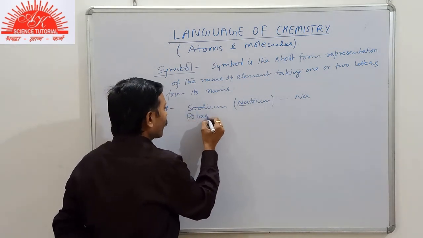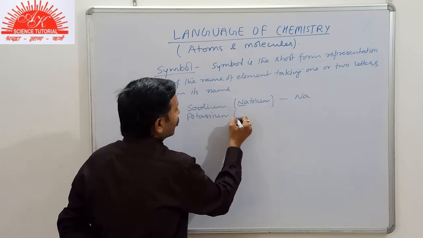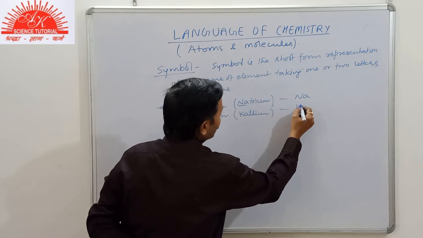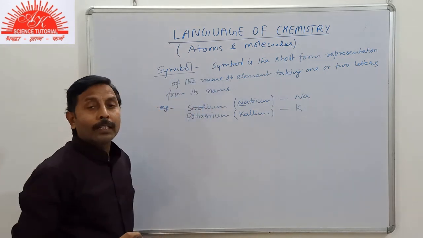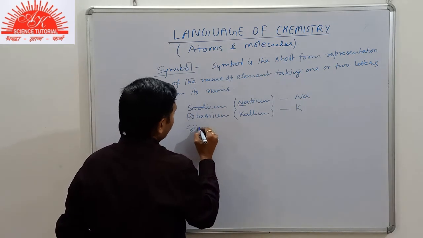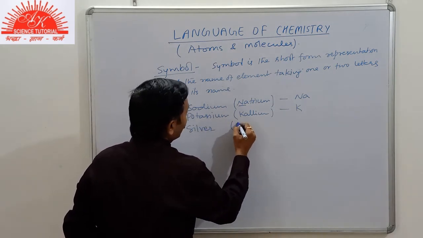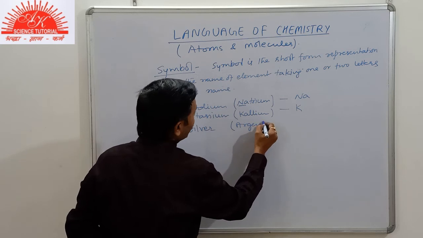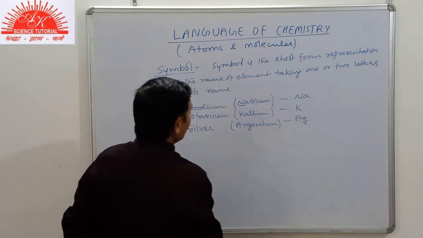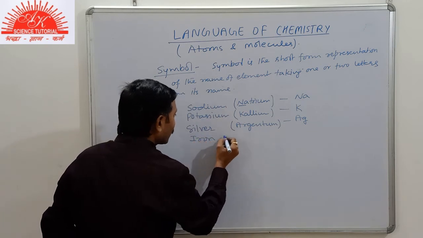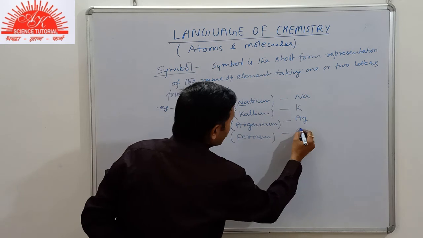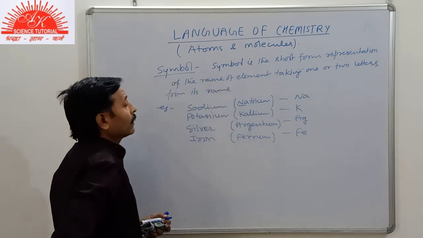Potassium was taken from kalium. Hence K. Similarly, suppose we take silver. It is taken from argentum, that is Ag. Iron, from ferrum. It is taken as Fe.